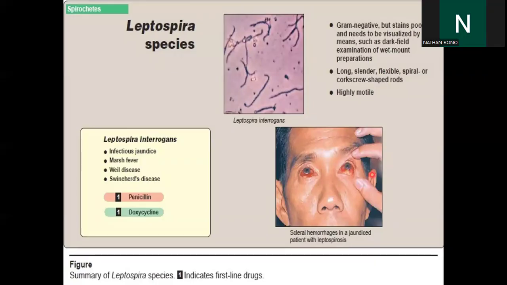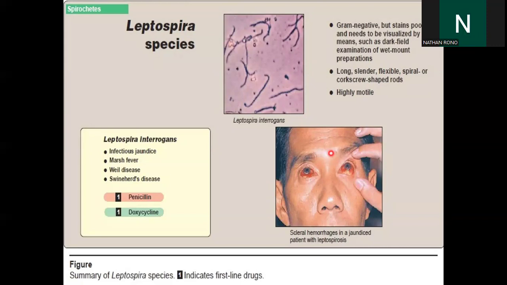So you're going to ask yourself, what is happening here? This spirochete is usually found in water. That's why I used the beach as an example. And for this water to have the Leptospira, it has to be contaminated by animal urine.